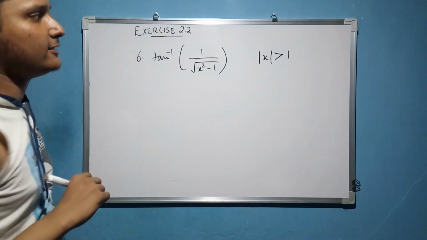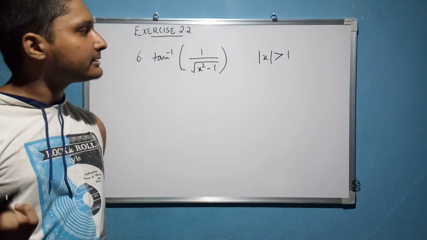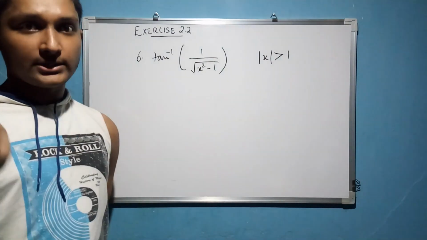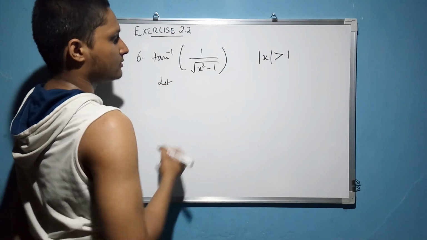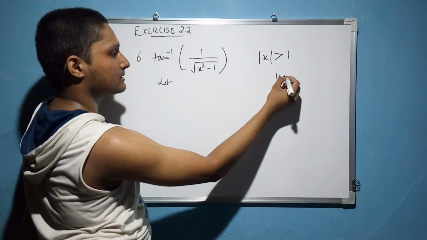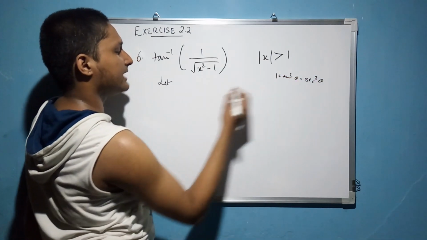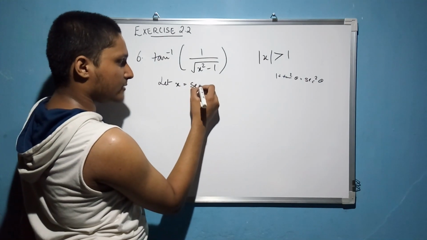So I can think that it can be sec theta or cosec theta. For substitution, since it is tan theta and I know 1 plus tan square theta is equal to sec square theta, taking that form I'll take x to be sec theta.